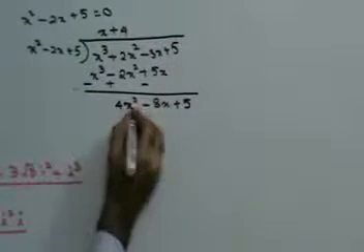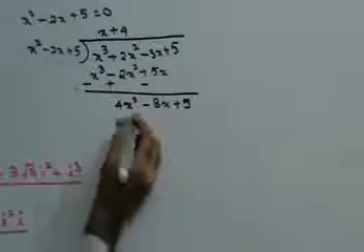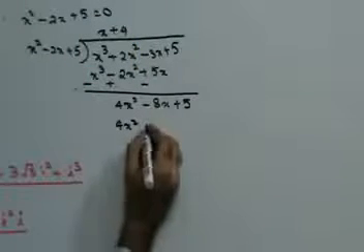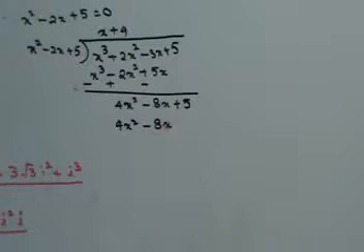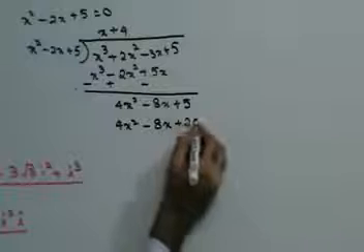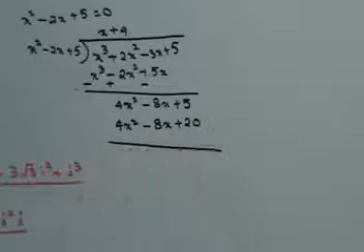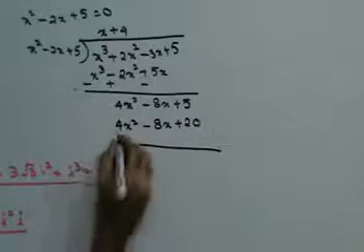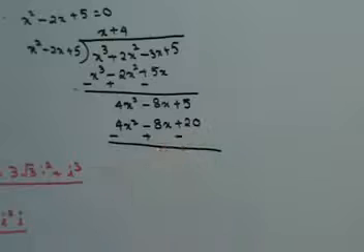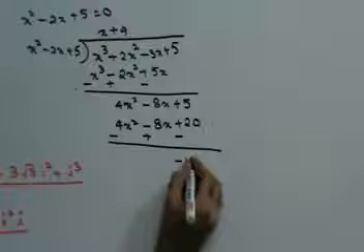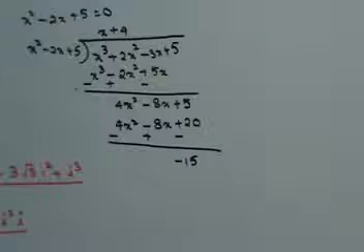So if I multiply it with plus 4, you will get 4x square. 4 into minus 2x is minus 8x. Plus 4 5s are 20. Subtract. When you subtract, the sign of all the numbers change. 4x square gets cancelled, 8x gets cancelled. This will leave you with minus 15.